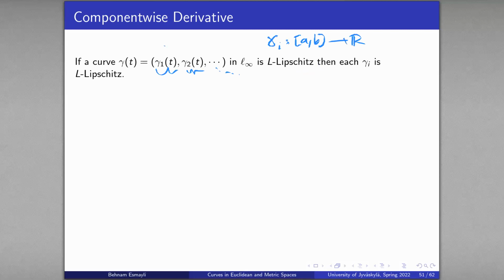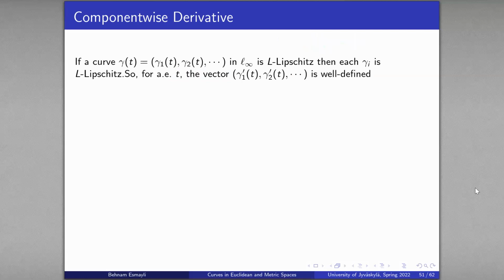Every time you throw away a null set in [a,b] outside of which gamma_1 is differentiable, you throw away another null set outside of which the next one is differentiable, and so on. But the good news about null sets is that even if you throw out countably many of them, you have still thrown out only a null set. So there's a null set you can throw away, and then for every other t, all of these are differentiable simultaneously.